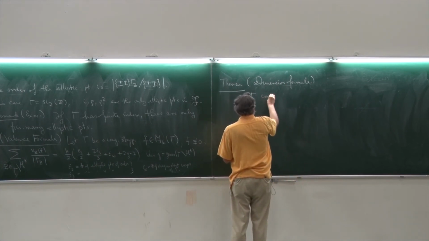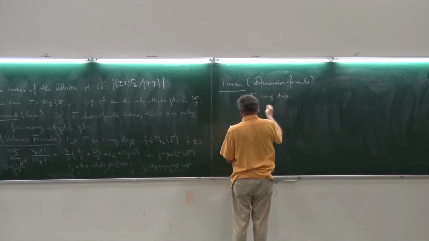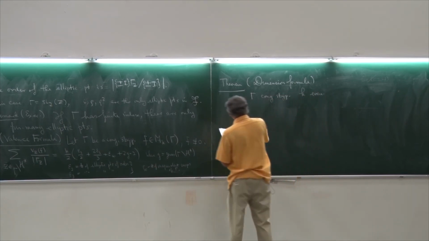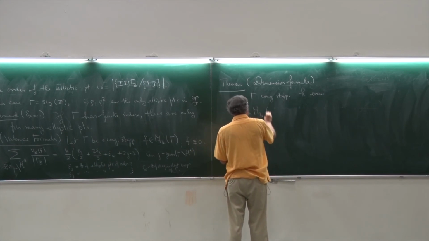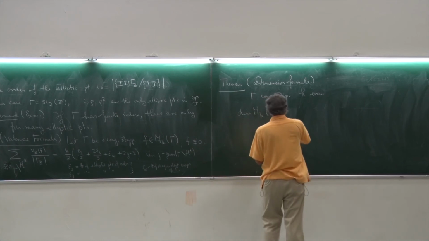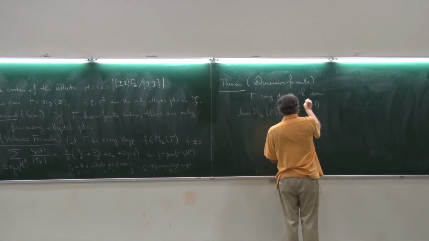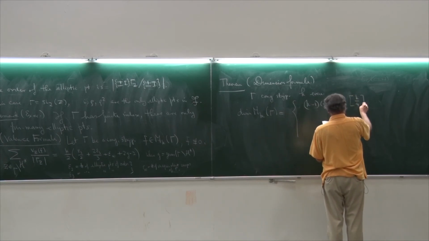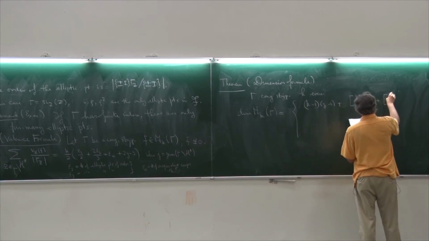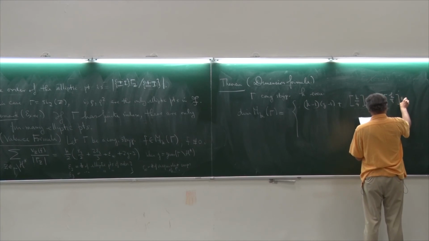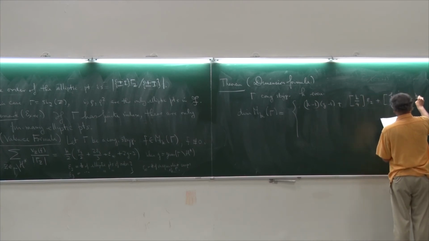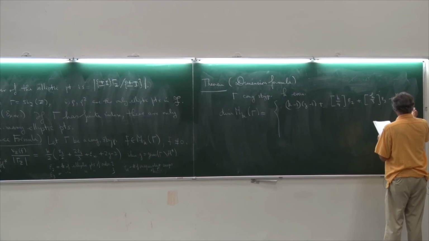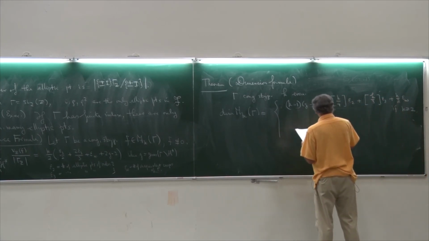Gamma a congruence subgroup, k is even, and the dimension of M_k of gamma is equal to (k minus 1)(g minus 1) plus k over 4 epsilon 2 plus k over 3 epsilon 3 plus k over 2 epsilon infinity, if k is at least 2. And it's 1 if k is 0.